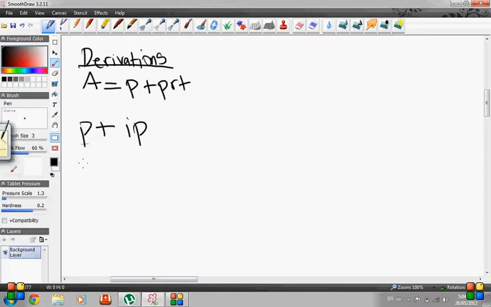Then for year two, you get your principal plus 2IP, because remember that for simple interest, the interest earned is always a constant number. It's always based on the first principal invested.